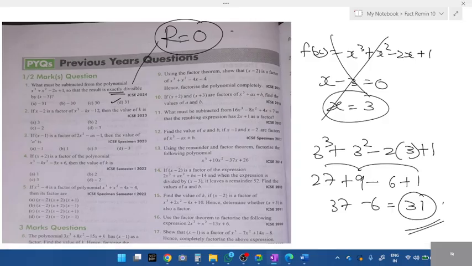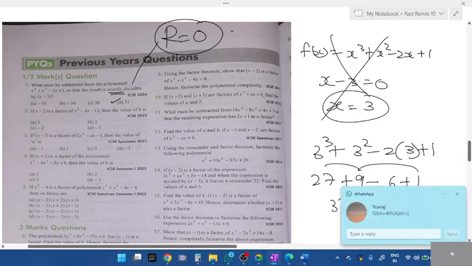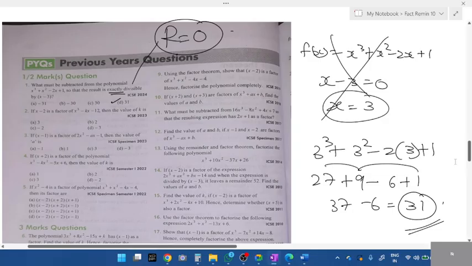Next question. Try the next one. Substitute x = 2. Find the value of k, all of you. There are 10 questions. Be quick. So I'll just keep solving. Any doubts? Let me know, students. Try the 2023 one.